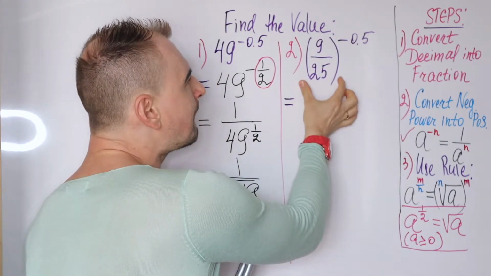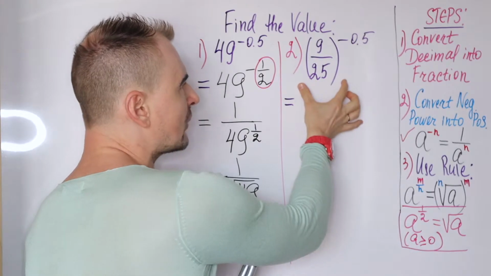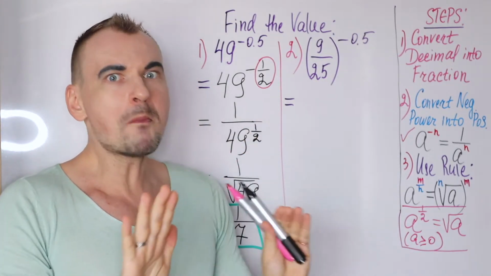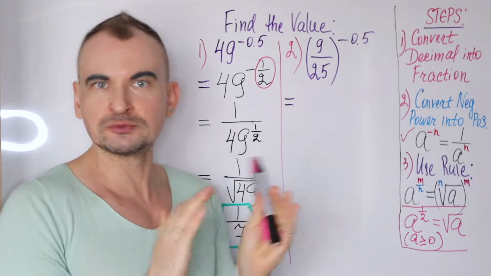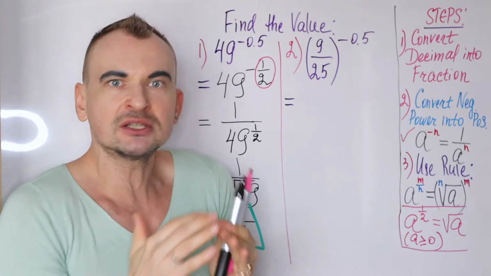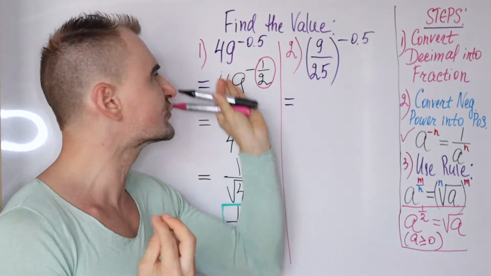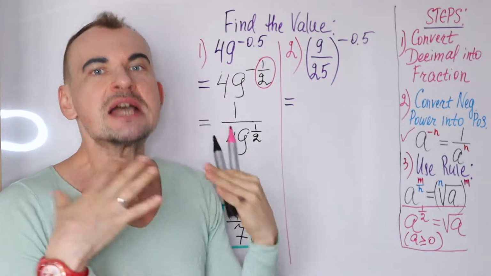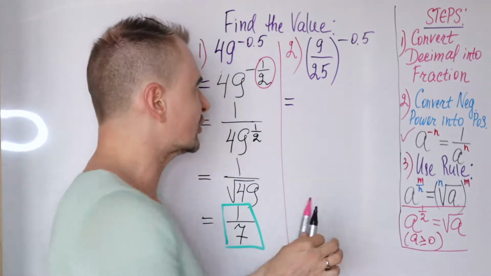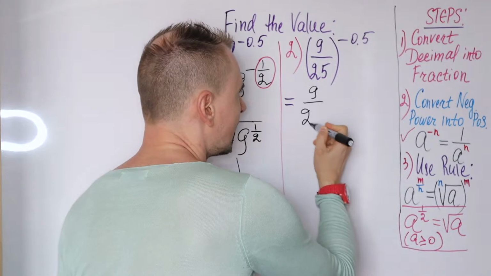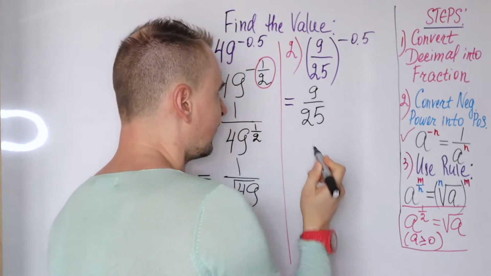Notice that your base, the number that you are given, happens to be a fraction. No matter what your base is, it could be a decimal, it could be a fraction, it could be just an integer, a whole number like the first example. Whatever it is, keep it. You don't want to change anything. So you want to rewrite this 9 over 25.